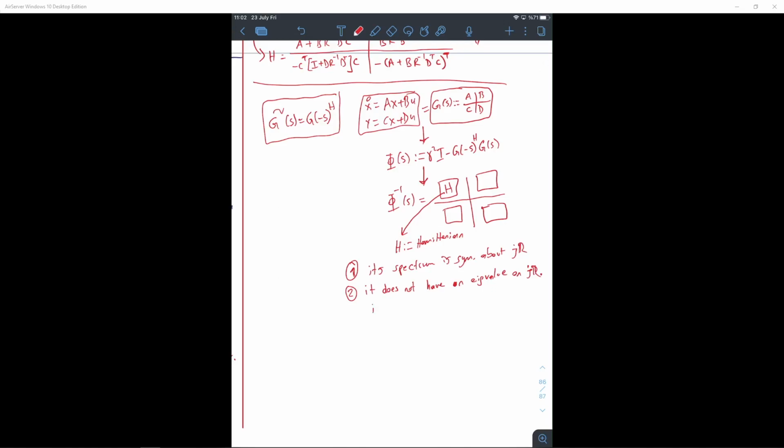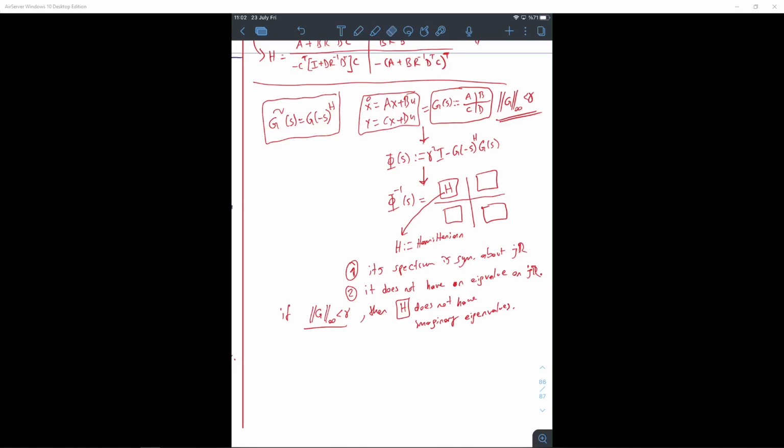By the way, if the H infinity norm of G is less than gamma, if that is correct, then H doesn't have imaginary eigenvalues.